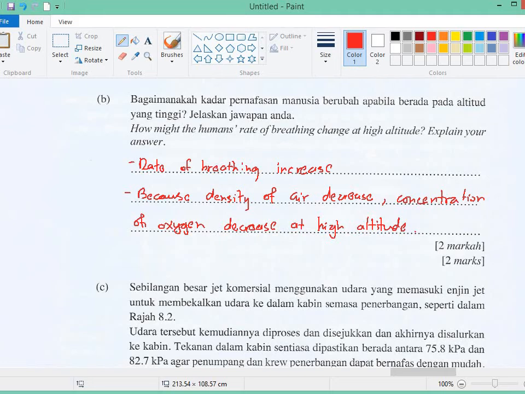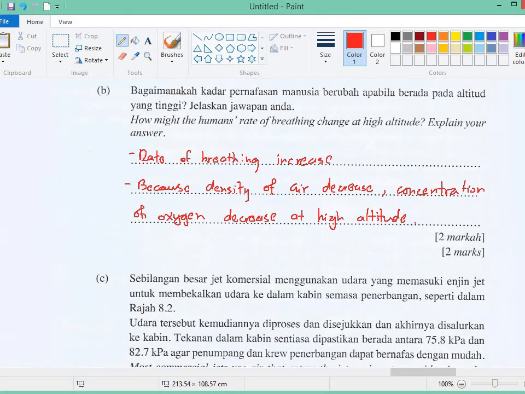So we breathe faster because the amount of oxygen is lower at high altitude. When the oxygen is less, then in order to get enough oxygen, we need to breathe faster.